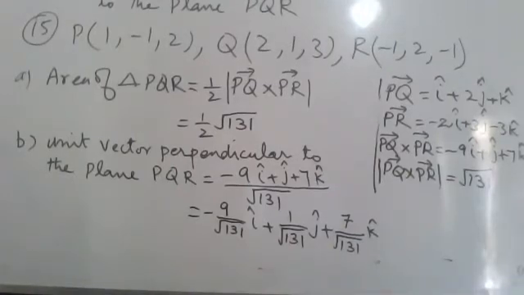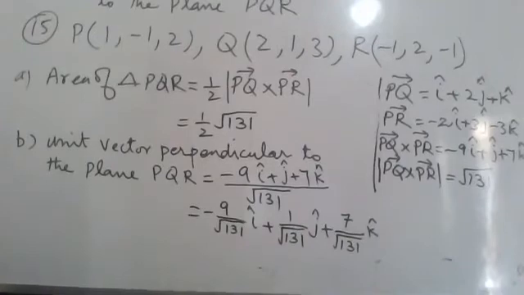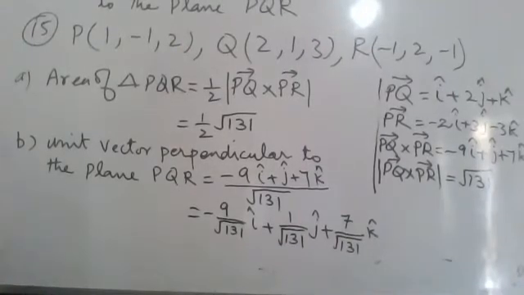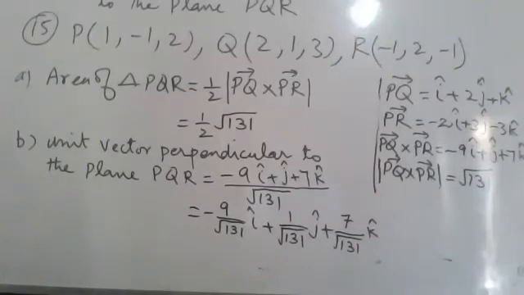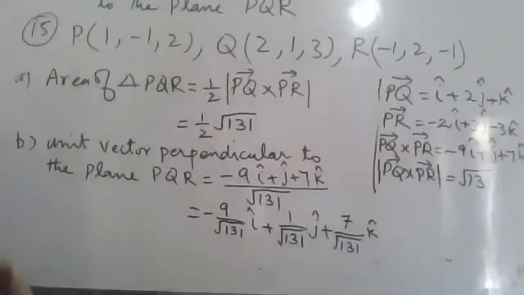The scalar triple product. How to multiply three vectors so that we get a scalar answer. When we are finding the scalar triple product, we take the cross product of two vectors, then take the dot product with the third vector. So that is called the scalar triple product, and then the vector triple product.